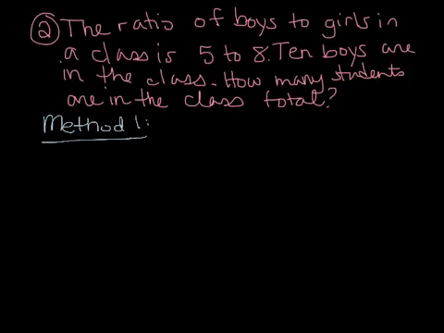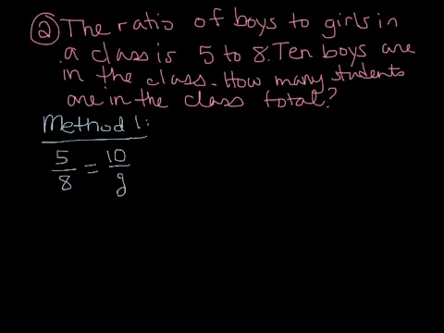There are 10 boys in the class. How many students are in the class total? You know that for every 5 boys, there are 8 girls, so you can write that as a fraction. That's going to be equal to 10 boys over a variable, g, which is the number of girls.